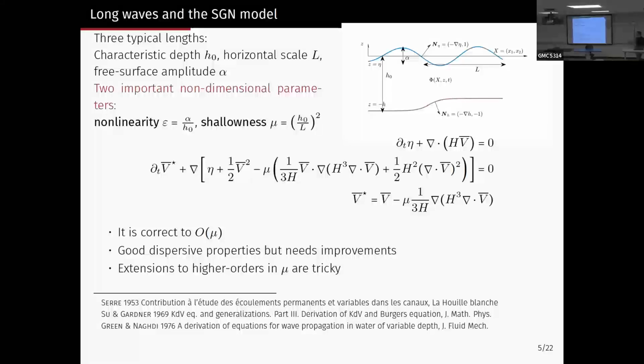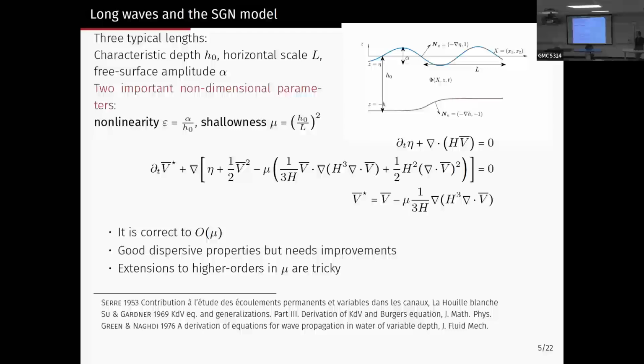So a state-of-the-art model is this one, which is called the Serre-Green-Naghdi model, derived initially by Serre and others. Here, there are dozens of papers that derive and rederive this set of equations in different shapes and forms, equivalent to all of them. This is a model which is correct to O(mu), which means you have an error proportional to mu squared that you neglect.